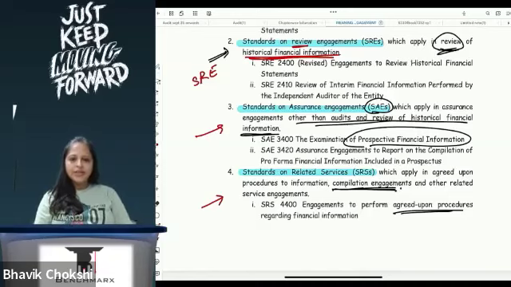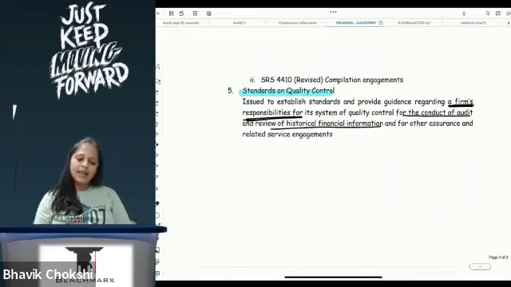In the same point, just write down one more point. CA acts as accountant and not auditor.